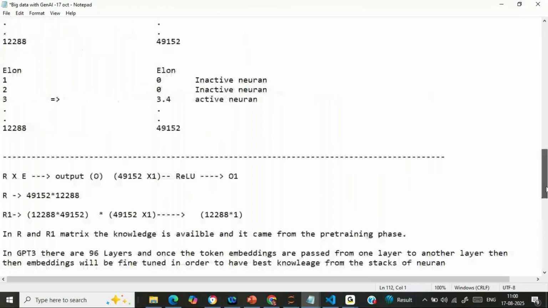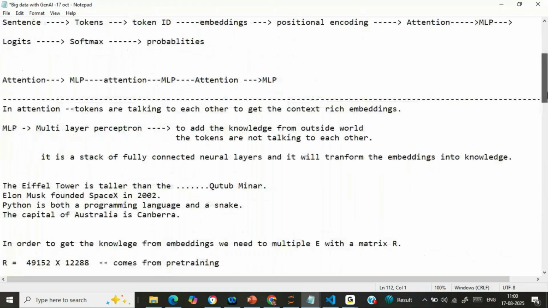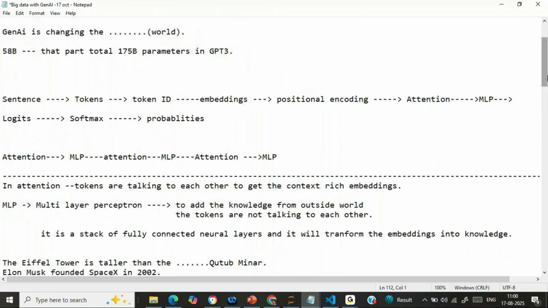So whatever we have discussed, that is the tougher part from the GenAI perspective. Tougher part in what sense? These are the basics, and we can skip this particular stuff, but in order to get a deeper understanding of this GenAI stuff, these things are important, okay.